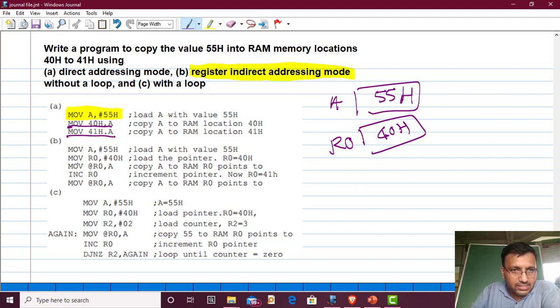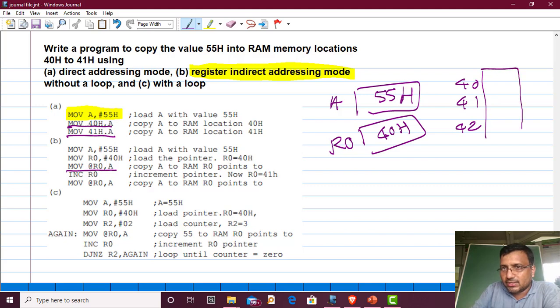This is my first content, and then I can write @R0. This instruction, MOV @R0, A, will load the contents of the accumulator into the location pointed to by 40. So these are my memory locations 40H, 41H, 42H, and so on, and my data will be stored in these memory locations.